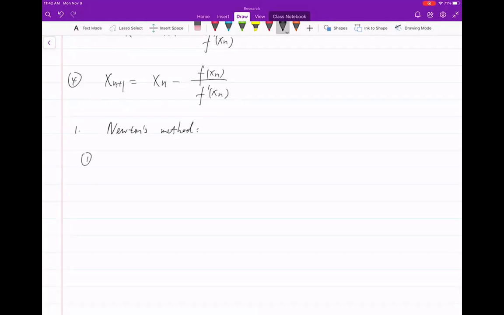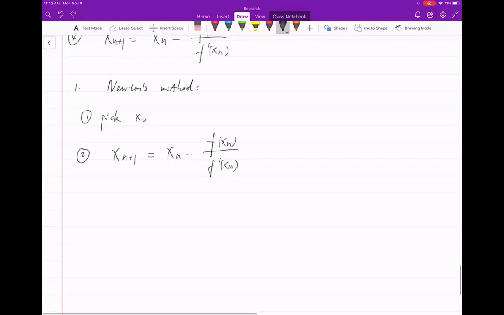The idea is quite simple. Number 1, pick the first point. Number 2, calculate the second, the third, the fourth, and keep going using this formula. Okay? Repeat until you're happy.